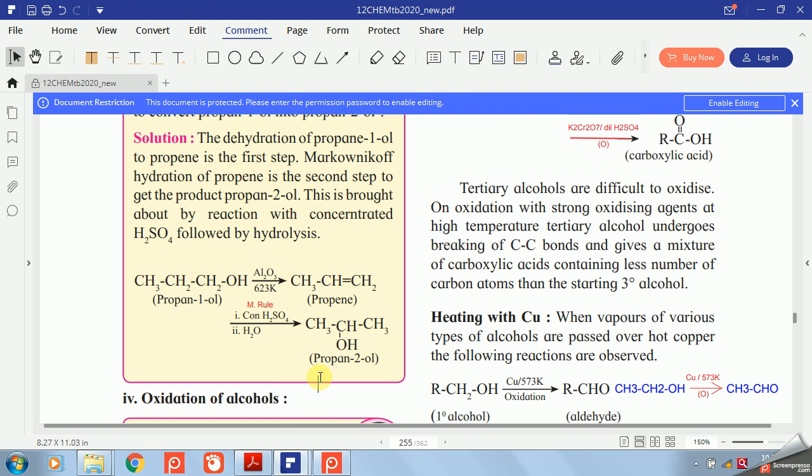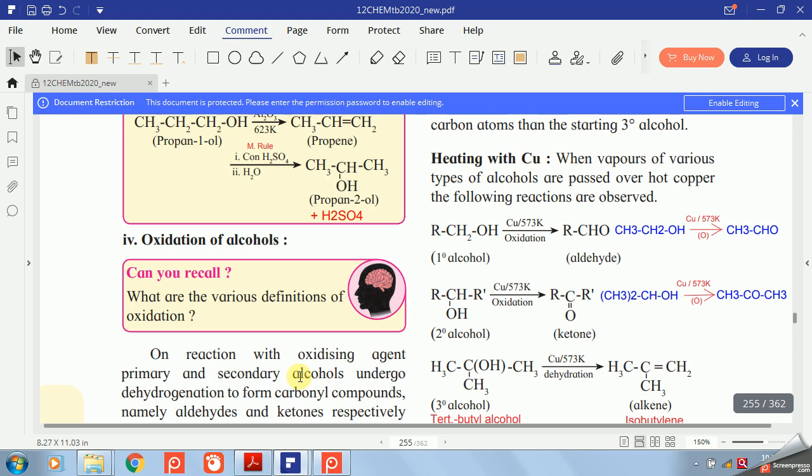It is not mentioned, but you must always write the balanced equation. You forgot to balance your equation. So H2SO4 is a byproduct.